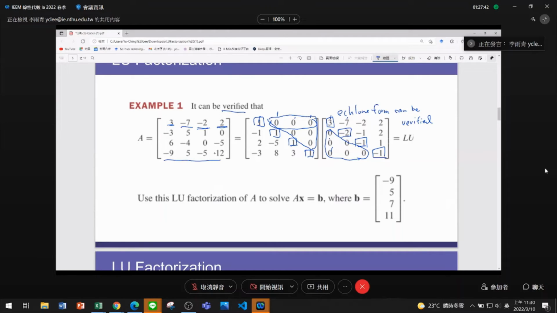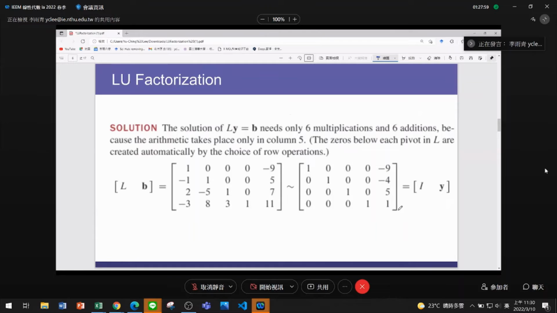Then we can use the LU factorization to solve Ax equals b, where b equals this vector. We first solve Ly equals b.